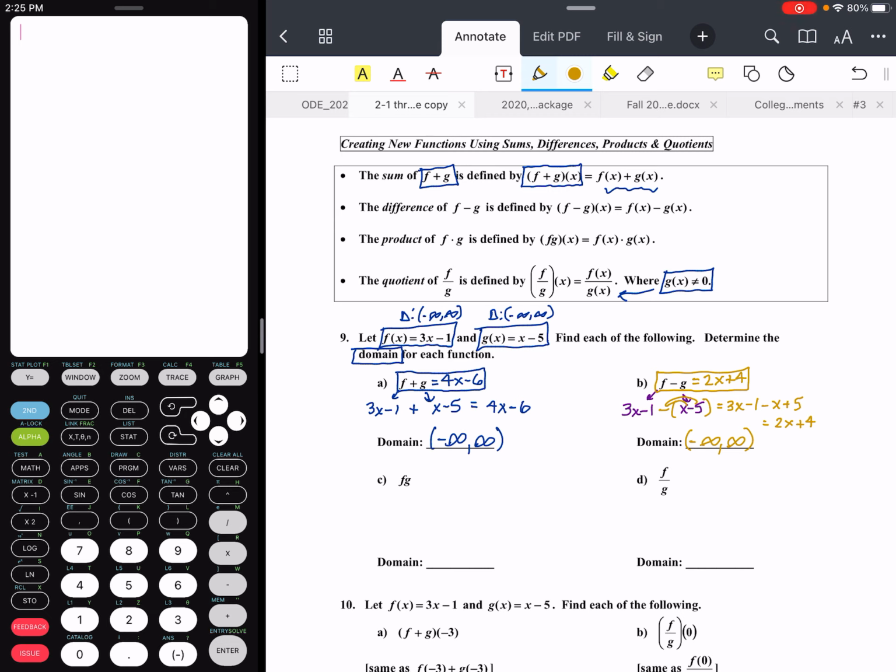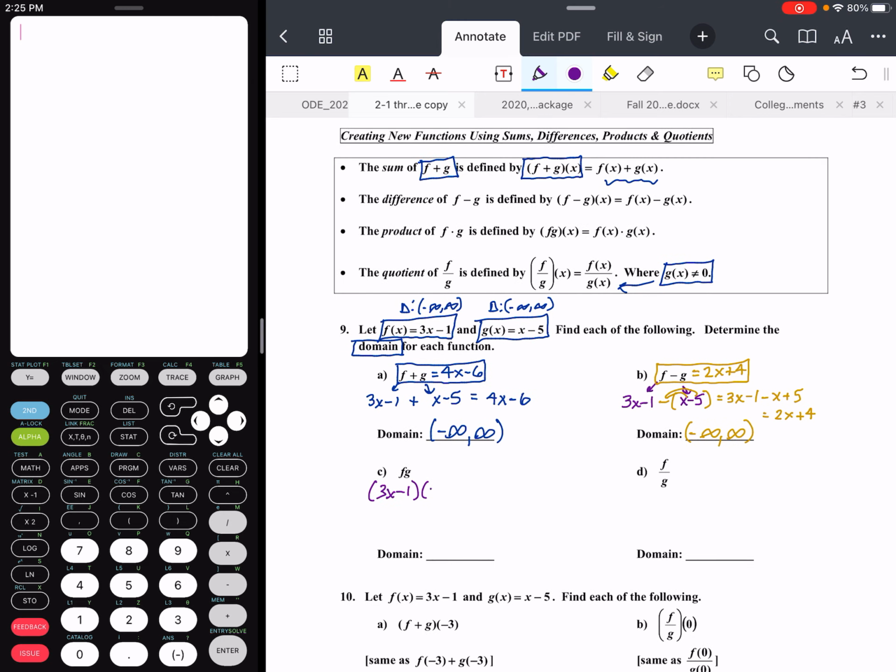All right, so next up we have our product function, f times g. So here I'm going to take my f function, which is 3x minus 1, multiply it by my g function, which is x minus 5. And multiplying these two together, I'm going to distribute out, FOIL out.